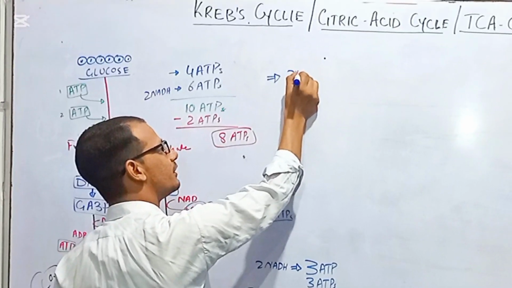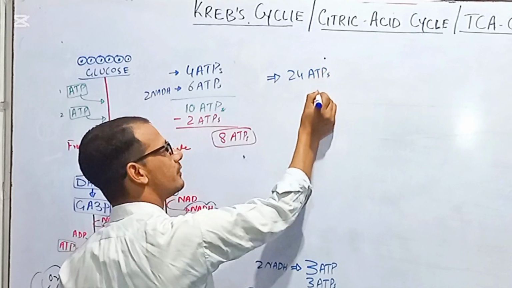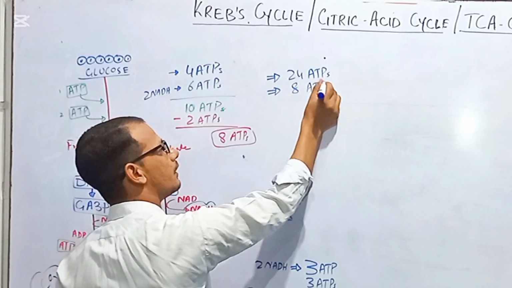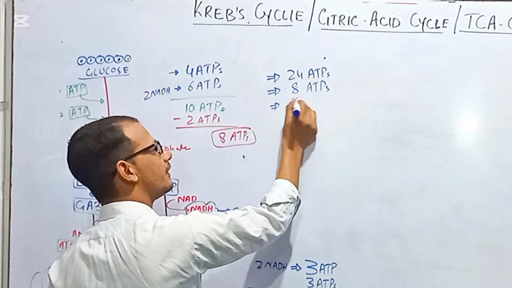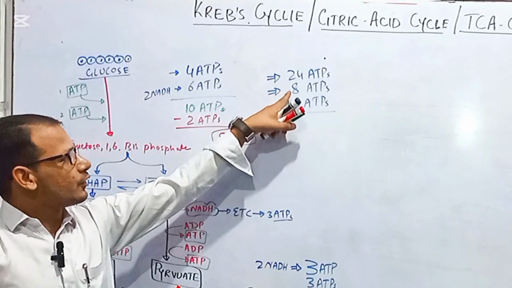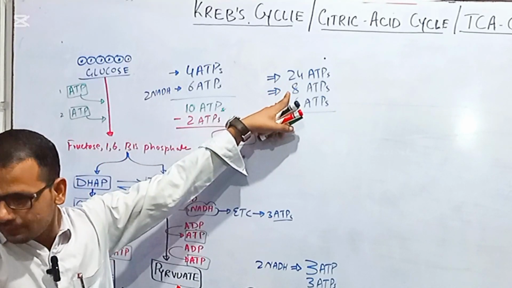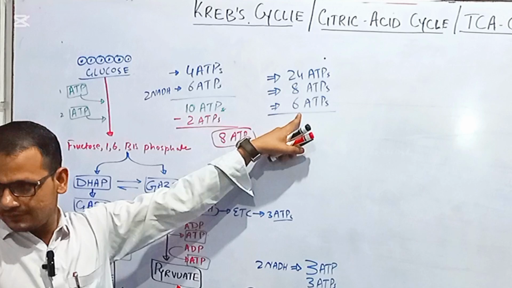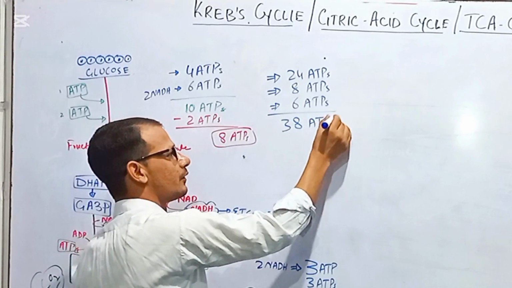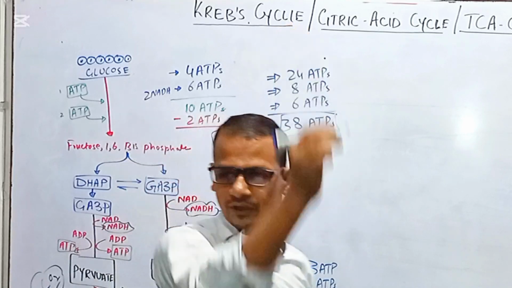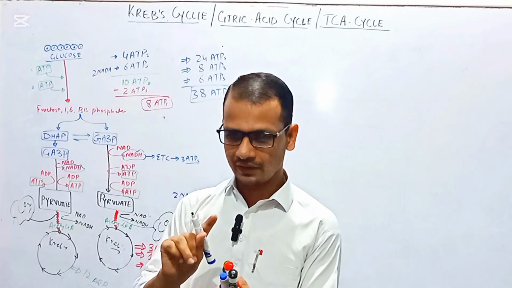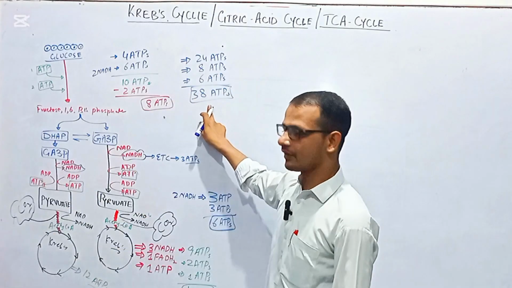Full 2 Krebs cycles will give us 24 ATPs. It is 8 ATPs and 6 ATPs. Now calculate 24 plus 8, 32 plus 6, 38. So the net ATP production for one glucose molecule when there is enough oxygen is 38 ATPs.